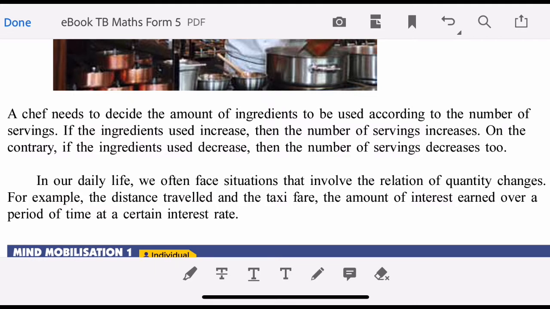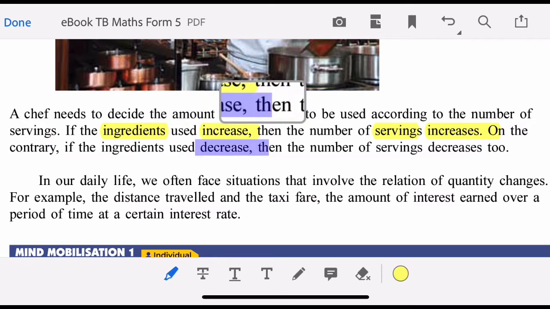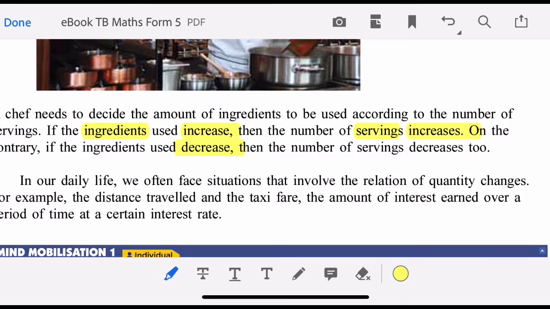If the ingredient used increases, then the number of servings increases. On the contrary, if the ingredients used decrease, then the number of servings decreases too. So again, ingredients increase, number of servings increases. Then if the ingredient used decreases, the number of servings decreases too.